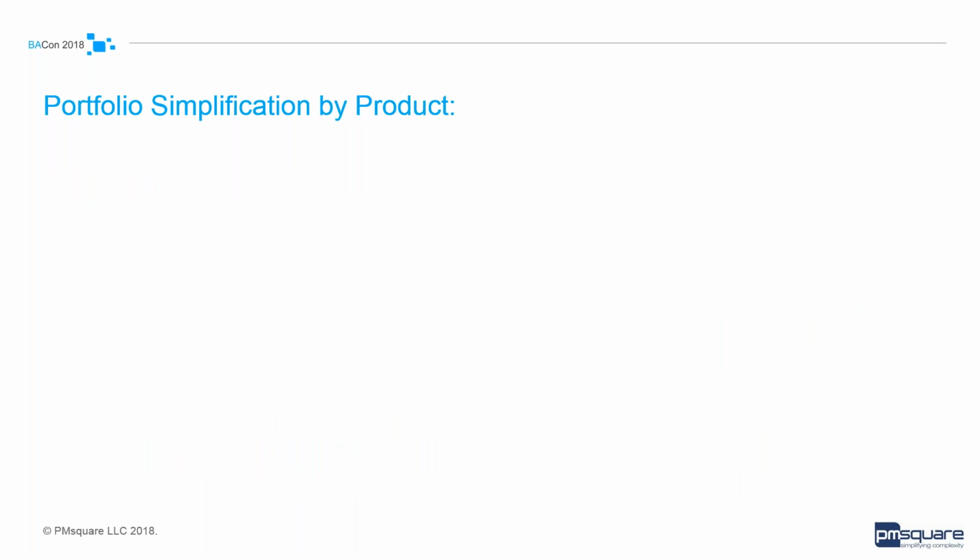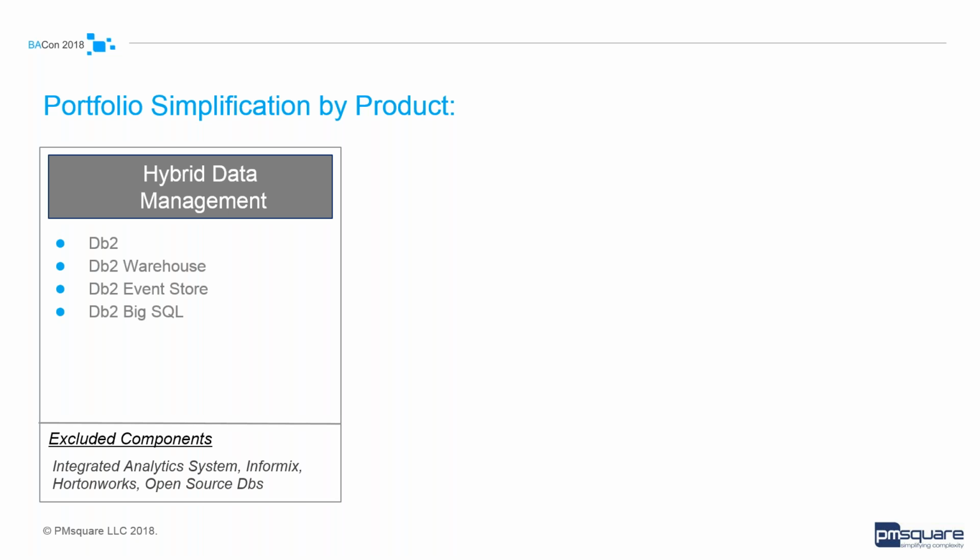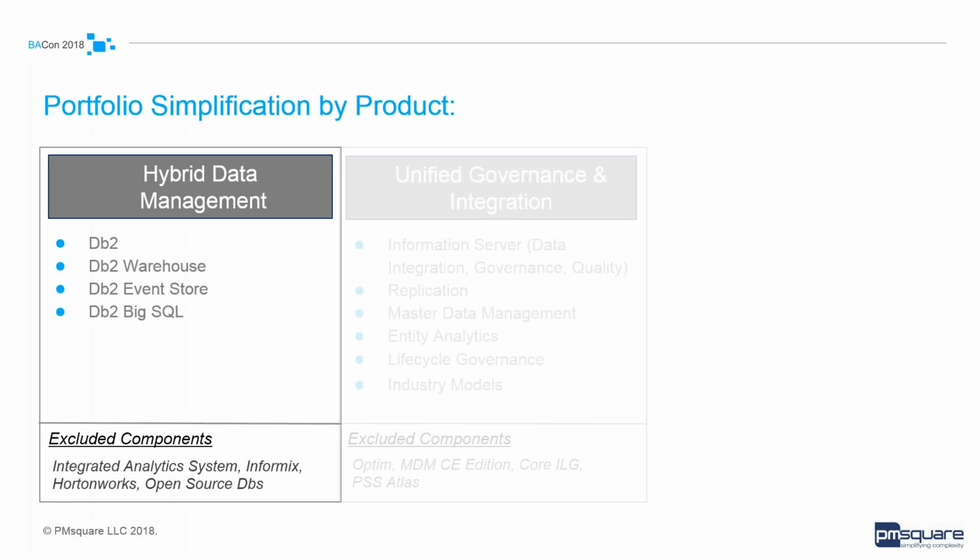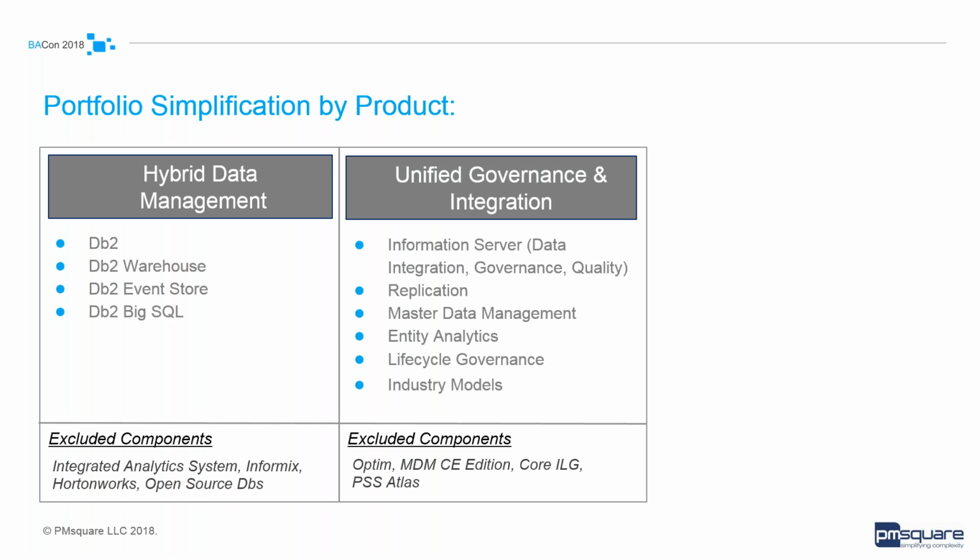And if you circle back to those portfolios that we talked about and give you a better understanding of the products that fall within each of those categories, as I mentioned, hybrid data management really has all of the different DB2 products within that portfolio. Unified governance and integration, again, all of the data transitioning, the data transformation solutions like Information Server, Replication, MDM, Entity Analytics, Lifecycle Governance, and Industry Models.